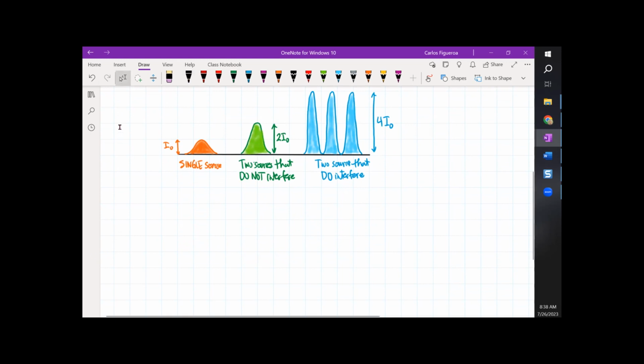So the intensity equation is usually written in the language of phase and path difference.